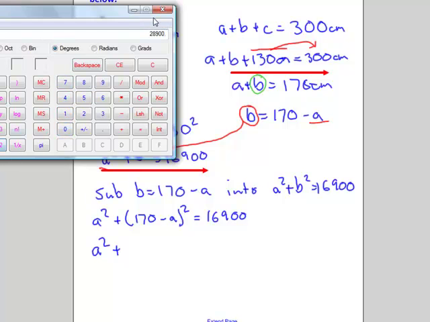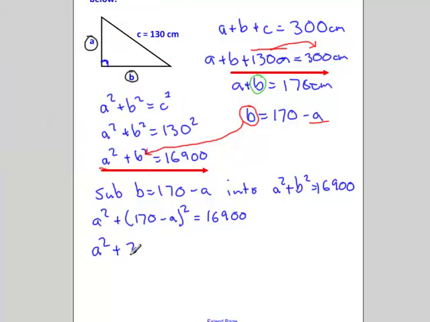Although, okay, it's 28,900 minus 170A minus 170A, and then negative A times negative A would be positive A squared. And this is all equal to 16,900.